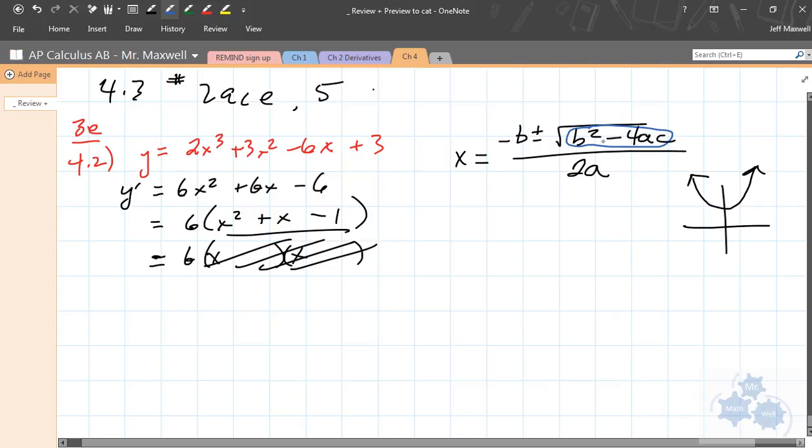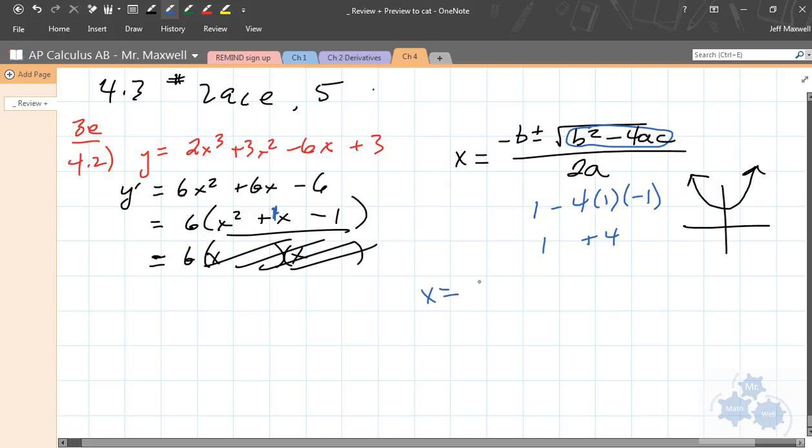If this value is negative, you've got issues, and there are no roots, so there wouldn't be any critical numbers. So let's see, b squared, b is 1, so that's 1 minus 4 times 1 times negative 1. So that's 1 plus 4. So it looks like we're going to be okay. We are going to have an actual value.